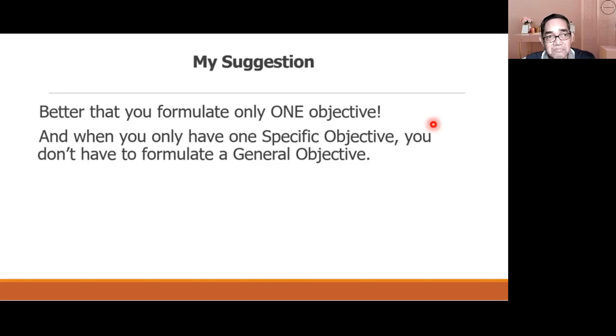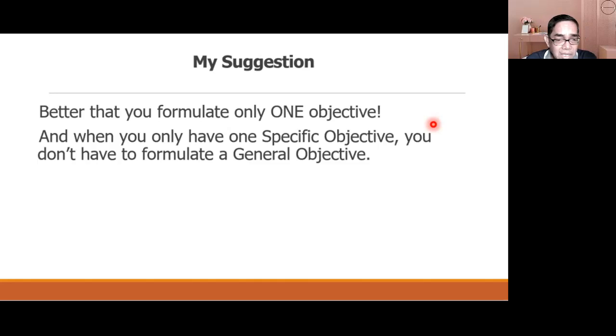And then the next objectives are procedures, again, not valid research objectives. And then other objectives are actually the same. They are talking of the same things, except that they rephrase it in another way. I would like to believe that the reason for that is many consultants, many professors would want you to write many specific objectives, because if you only have one specific objective, they think that your paper is not good.